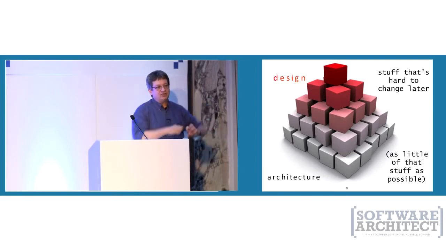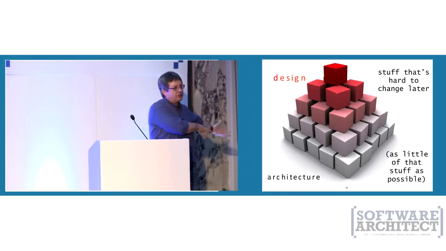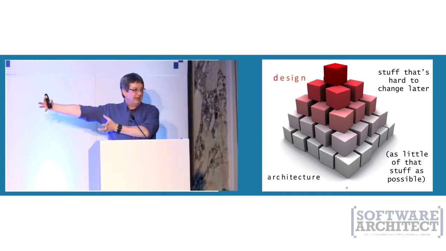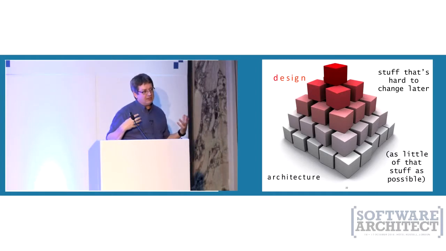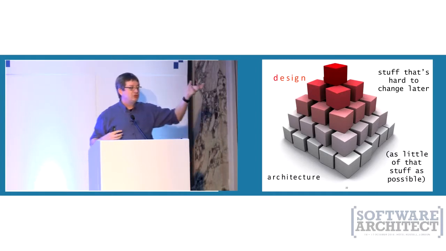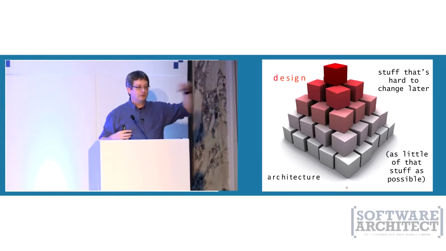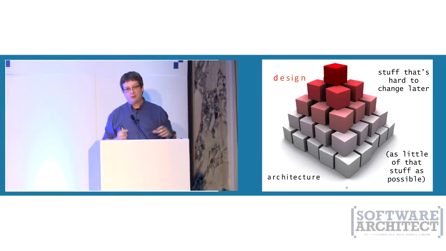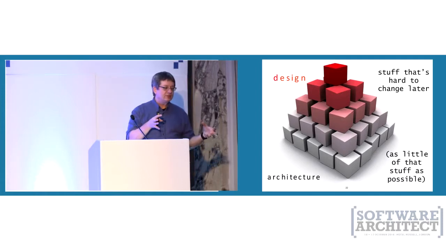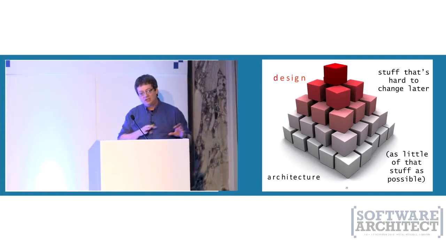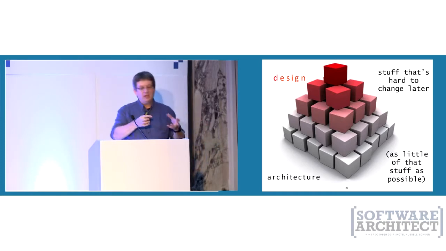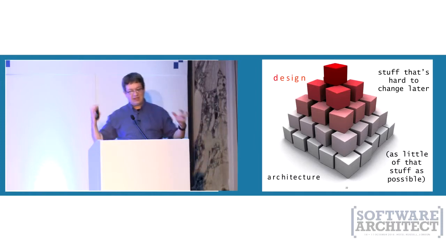That's why I make this distinction between evolutionary architecture and emergent design. Because the cost of change is less expensive for design elements, you can afford to let those emerge over time. But for the architectural elements, something has to be in place. And so part of our effort there is to make it so you can evolve those architectural elements slowly over time and make as many things as you can cheaper to change by making them design elements.